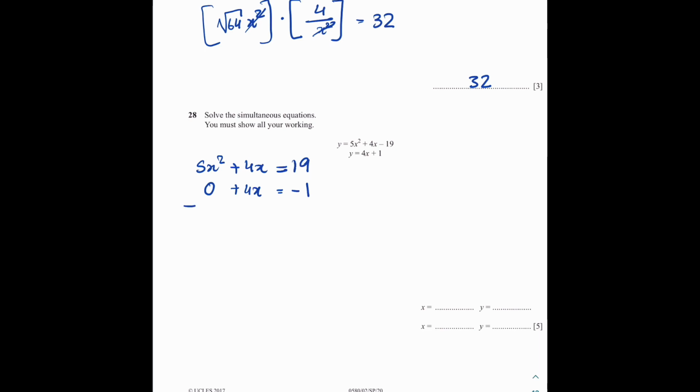We want to remove the y, so this would cancel out, so that gives us 5x squared equals 20, x squared equals 20 divided by 5 is 4.